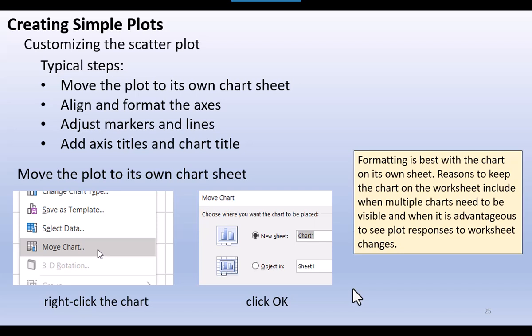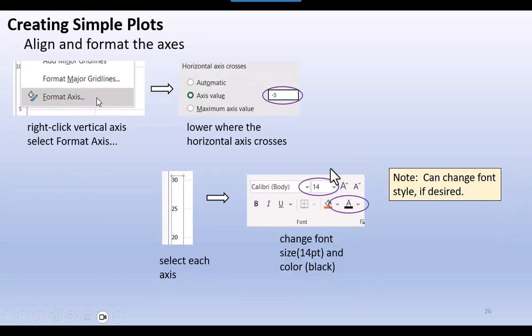First, move it to its own chart sheet, align and format the axes, adjust markers and lines, add titles and a chart title, and then it shows here how to move and why to move the chart to its own sheet.